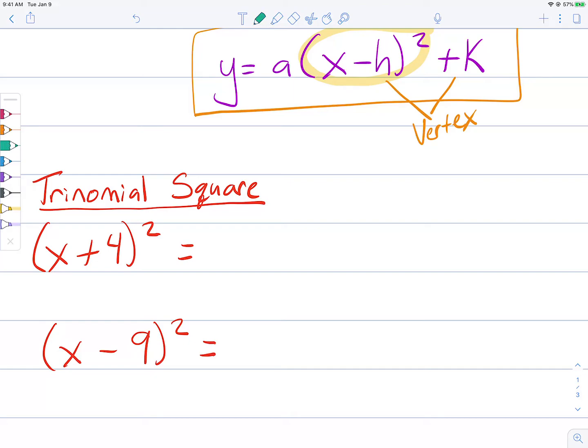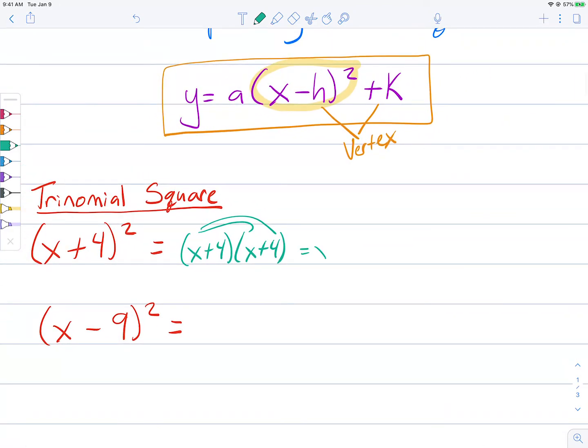So if my trinomial square was x plus 4 squared, that came from x plus 4 times x plus 4. If you distribute, you can either distribute or do the box, you would get x squared plus 4x plus 4x plus 16, which is, if you combine like terms, x squared plus 8x plus 16.